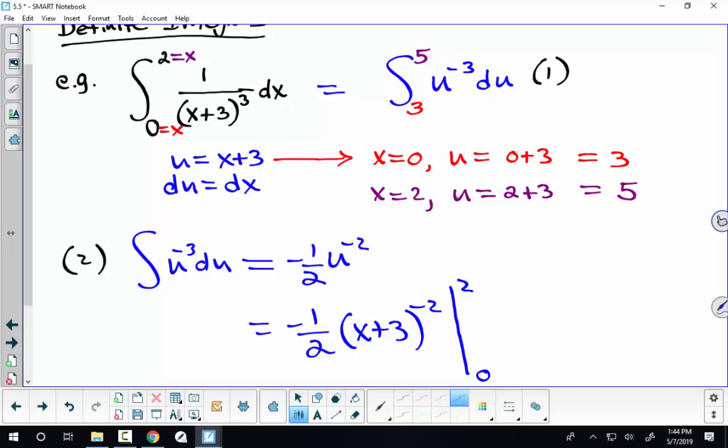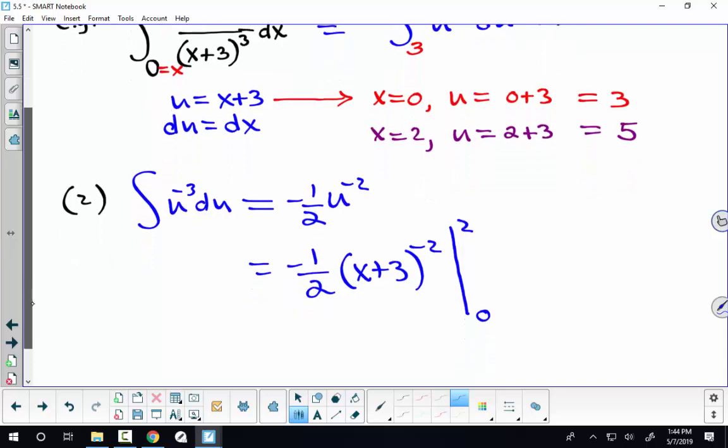Otherwise, you would do what with your 3 and 5? Otherwise, we would just stop here, find the antiderivative, and plug 3 and 5 into the antiderivative. So we would plug 3 and 5 into pretty much negative half u to the negative 2. And then do the value at 5 minus the value at 3, right. Yep.